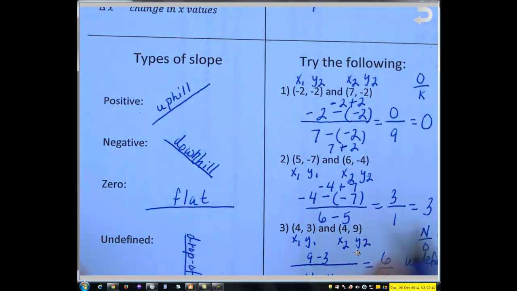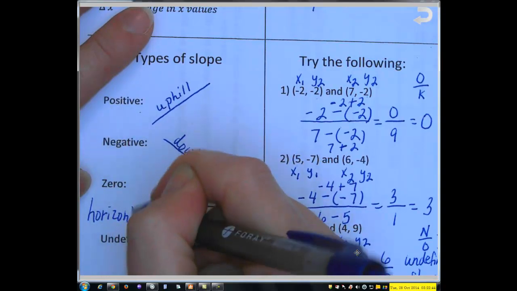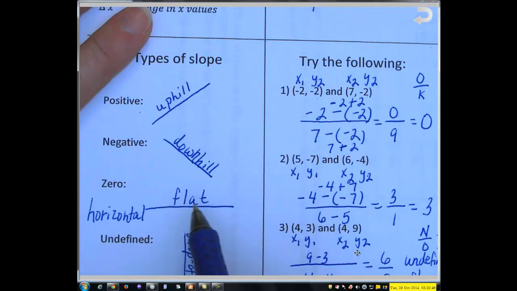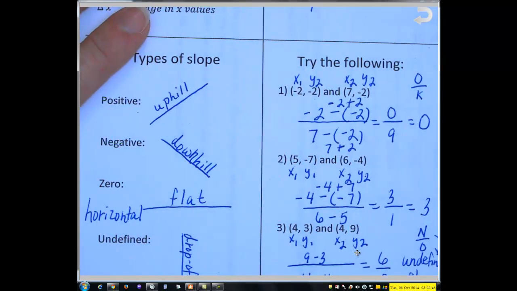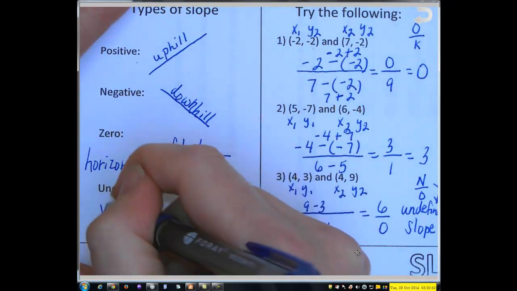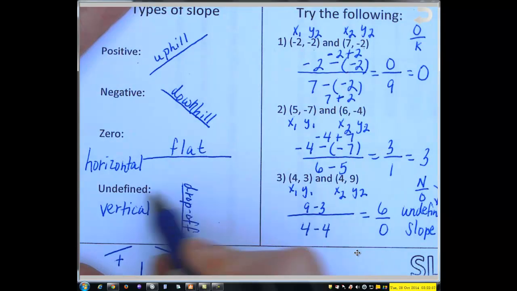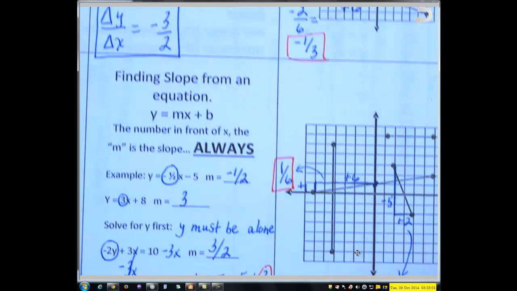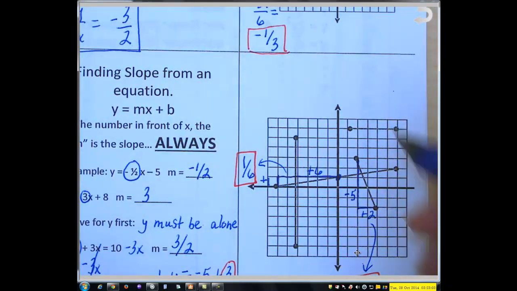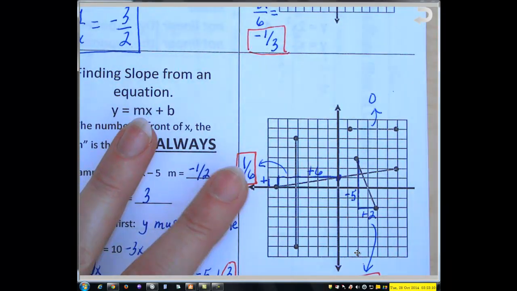A horizontal line always has a 0 slope, and a vertical line always has an undefined slope. Okay, so this is going to be a 0 slope.